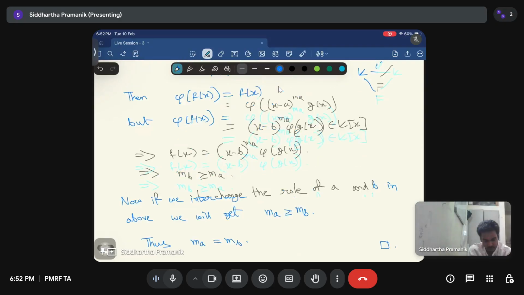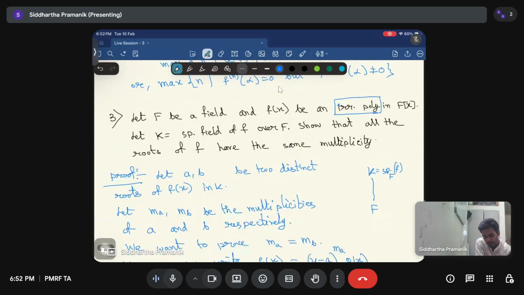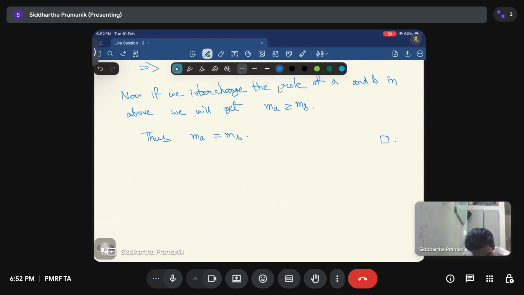So for an irreducible polynomial, all the roots must have the same multiplicity. So this thing is important, and I want to put this as a remark. We can also count the number of this multiplicity.